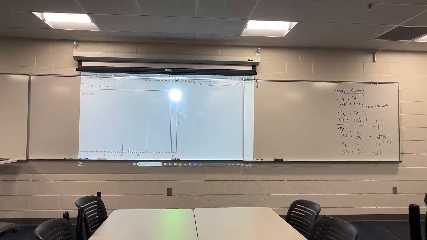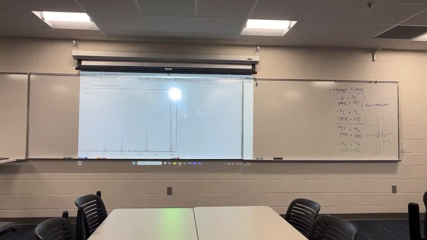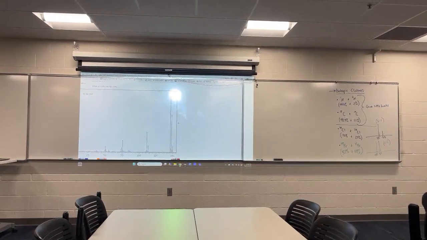Or if I kicked off both fluorines, I would lose a mass of 70, so I go from 146 to 75. In other compounds, it's much more likely that you fragment radicals off.